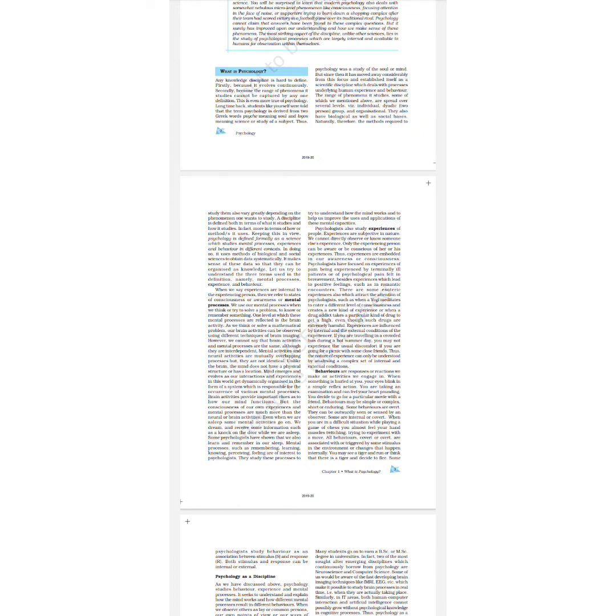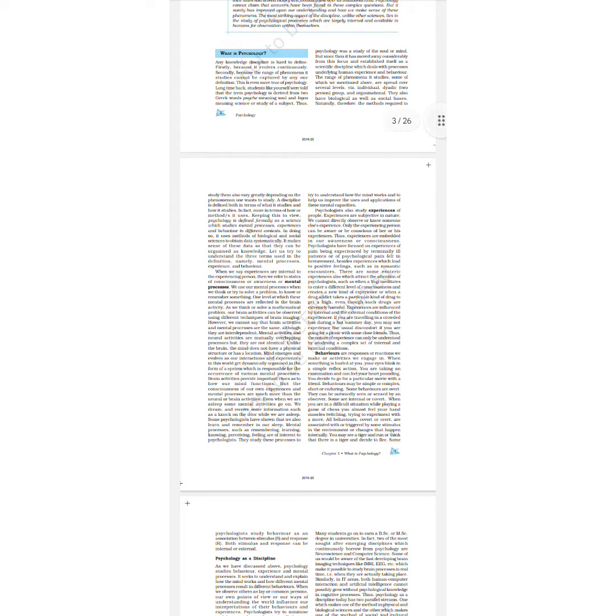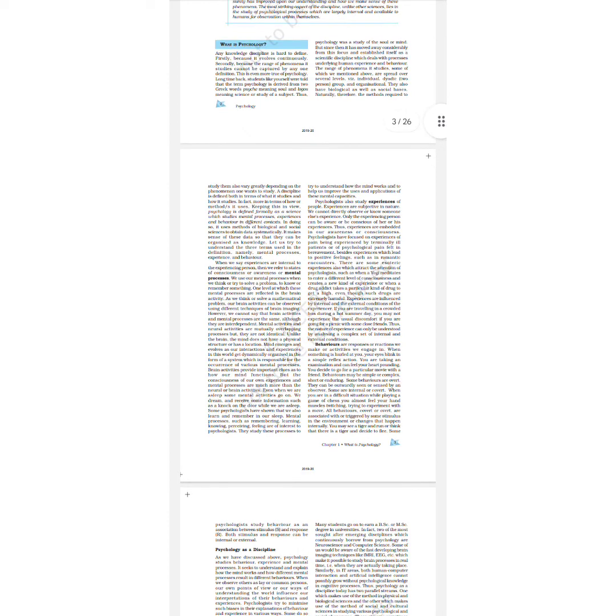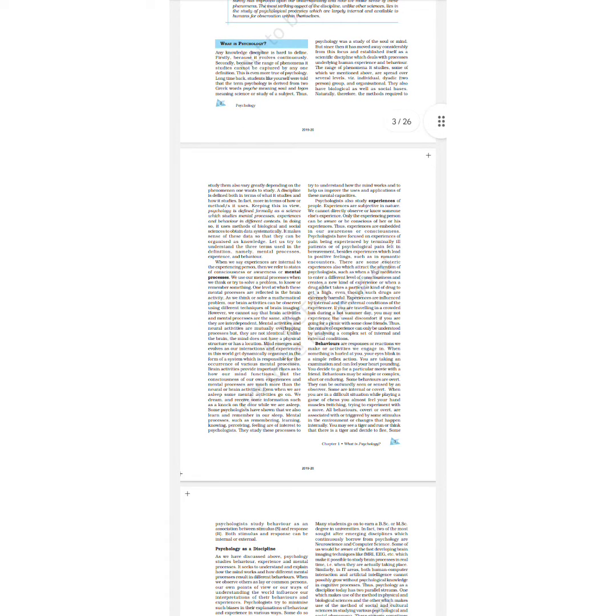Now in this definition there are 3 key terms, that is MEB, which you will be asked to explain if it is a long answer. Now the first thing is mental processes. What are mental processes? Where do they occur? Yes, they occur in the brain.